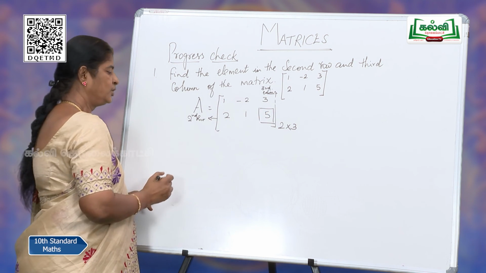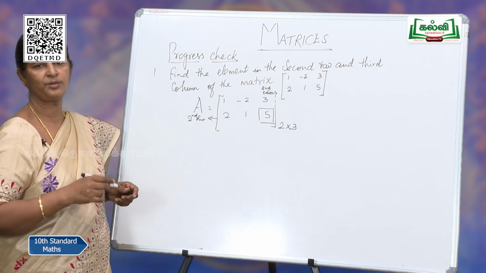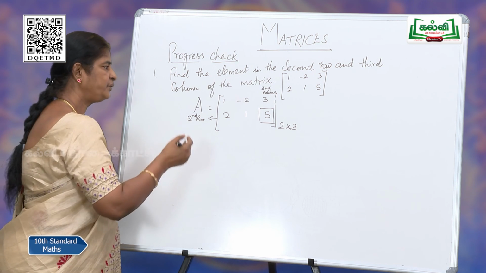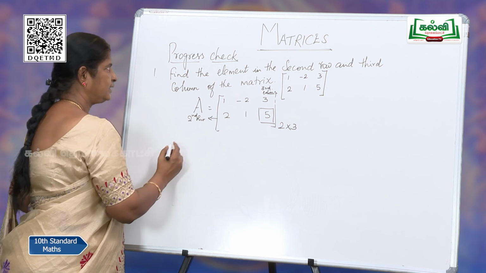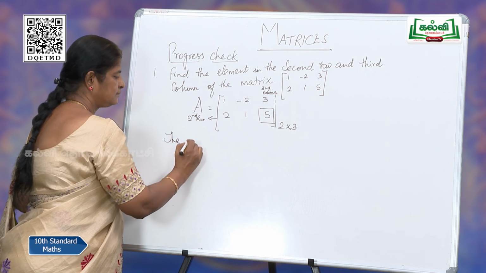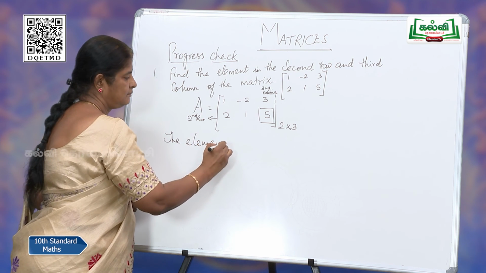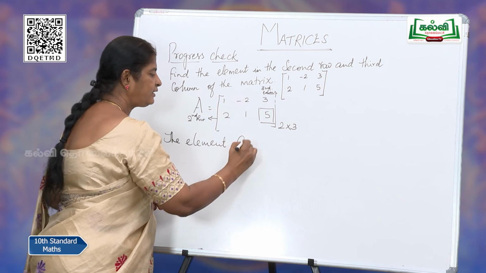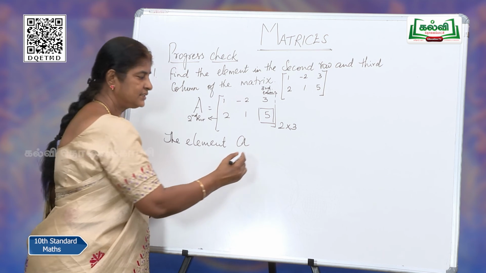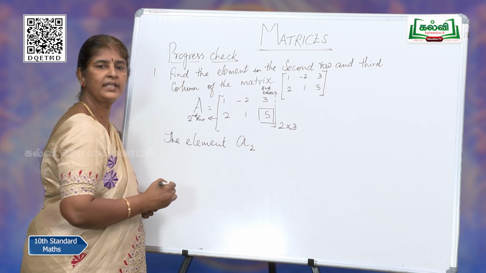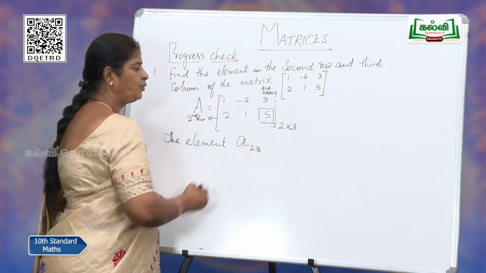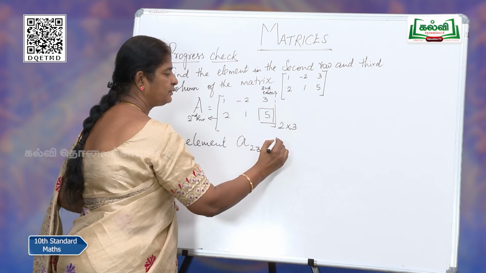So, instead of writing the second row and the third column, how can we write it? We will write the element A, second row, that is 2, column is 3. So, A 2, 3 is nothing but 5.